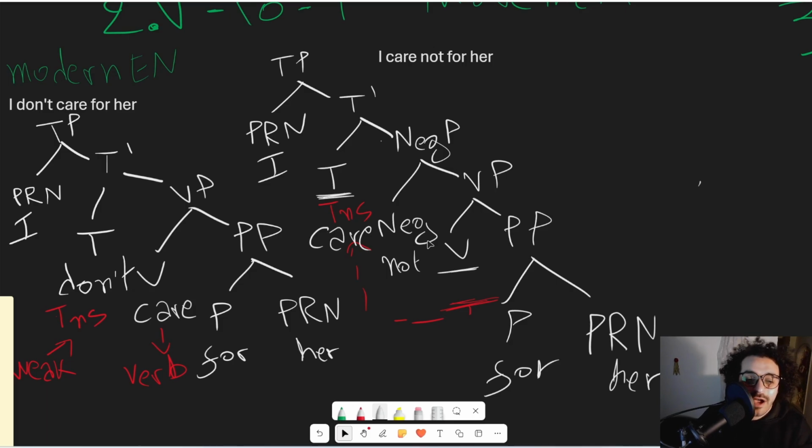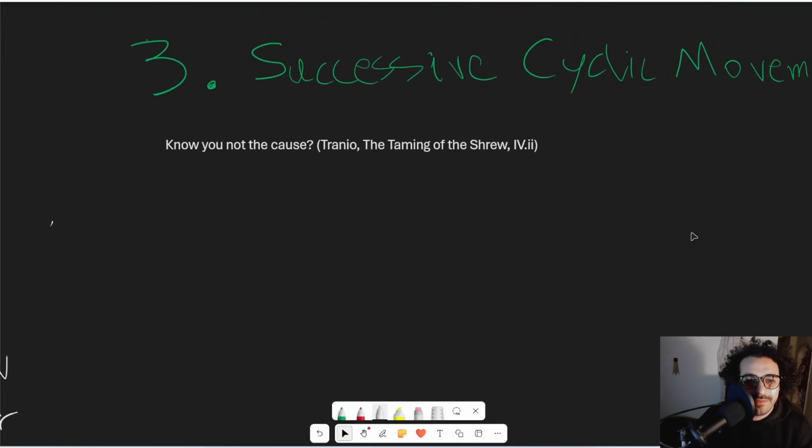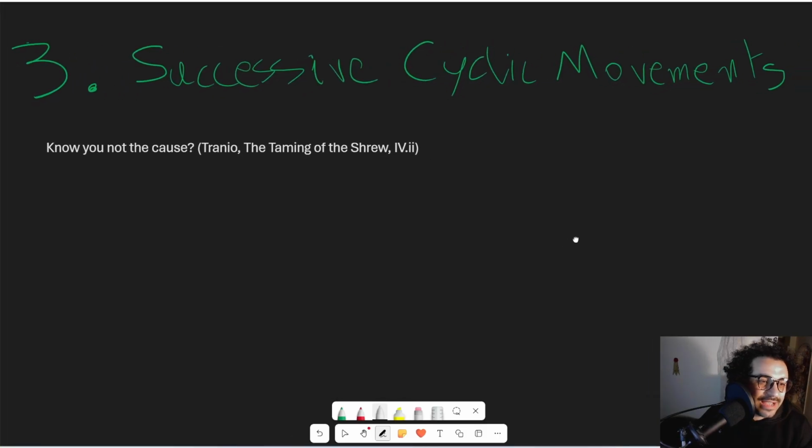It is not that rare to see movement being cyclic. And this is the key word here, cyclic. So cyclic means you jump from one head and then you jump again from that head to the upper position for more than one time. And this is known in syntax as successive cyclic movement.